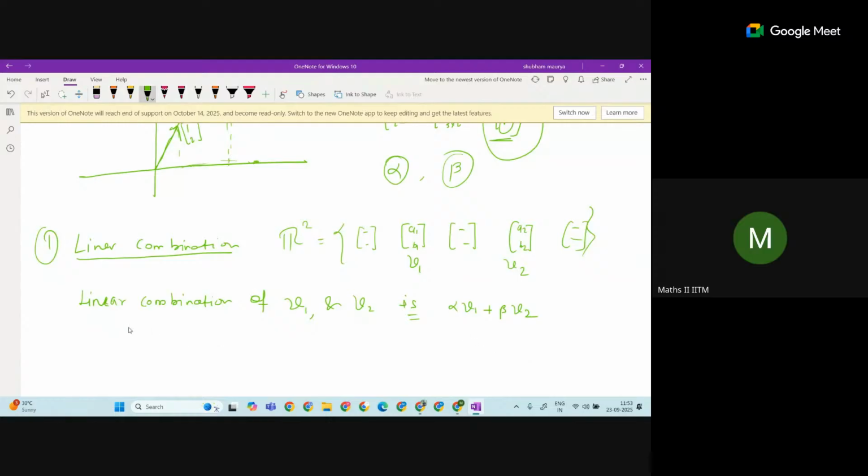So see the sentence here: the linear combination of v1 and v2 is this.